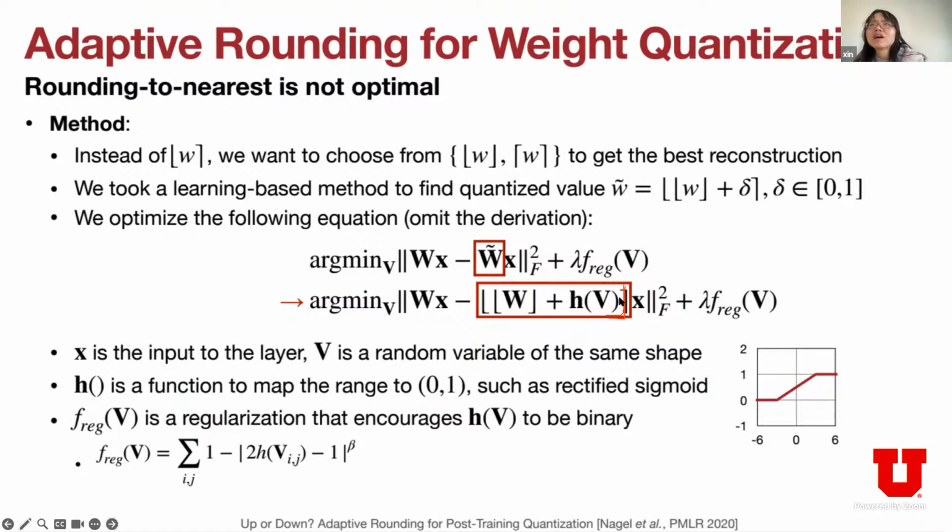No. I think this is the rounding, not a floor for the outside, because HV's output is in the range 0 to 1, it can be close to 0 or close to 1. So it's still a rounding. Yeah, but you are right.